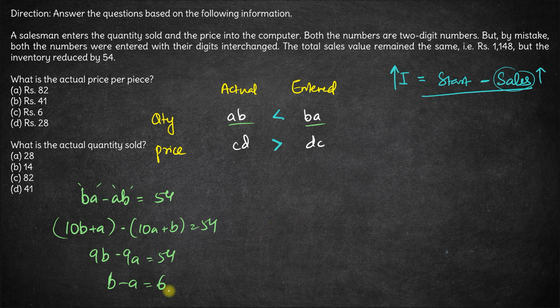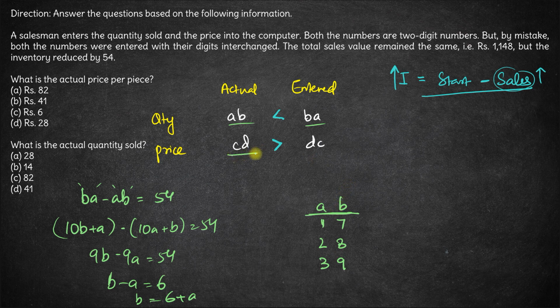So B is equal to 6 plus A. If A is 1, B must be 7. If A is 2, B must be 8, and if A is 3, B must be 9. If A is 4, then B becomes a two-digit number. That cannot be the case. So the actual quantity sold can be 17, 28 or 39.